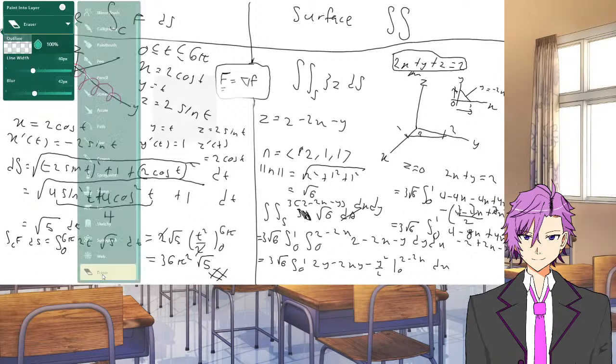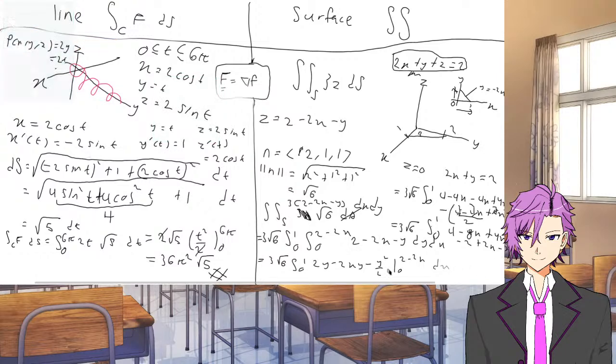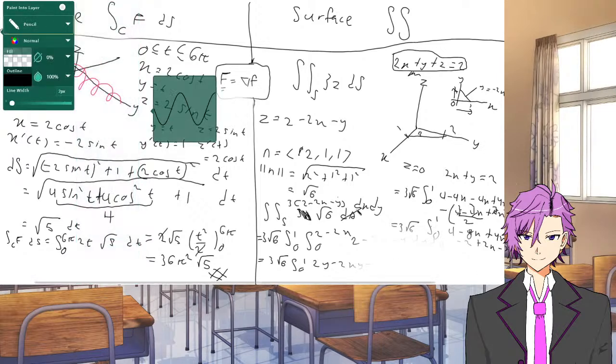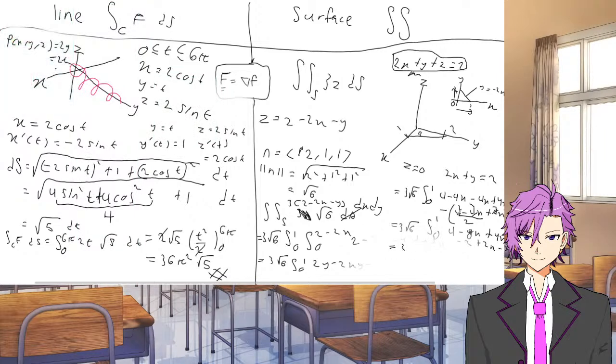Hold on, guys. Square root 6. So now, once we got that done, 0 to 1, 2 minus 6x plus 2x squared dx.